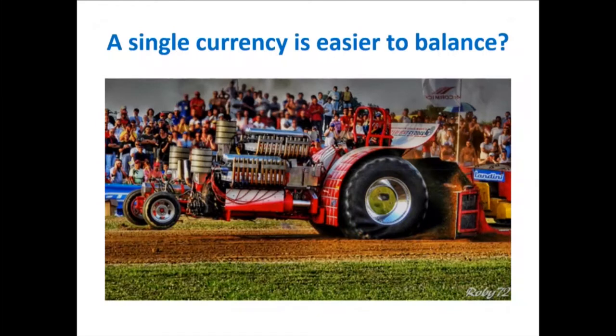People often say that if you have only one currency, it is easier. It is easier to balance it. When you have a system of more independent currencies, it is very difficult to find a balance in such a system. This is a typical argument of people who believe in equilibrium. Well, mathematically speaking, equilibrium is not impossible, but very, very improbable.